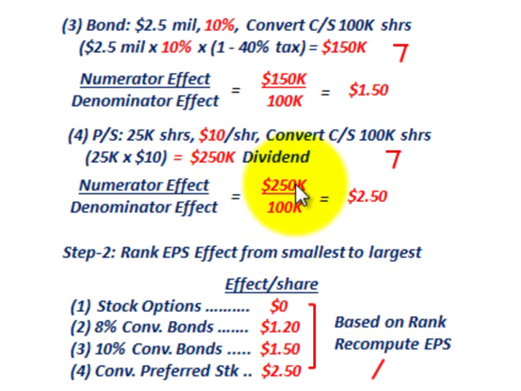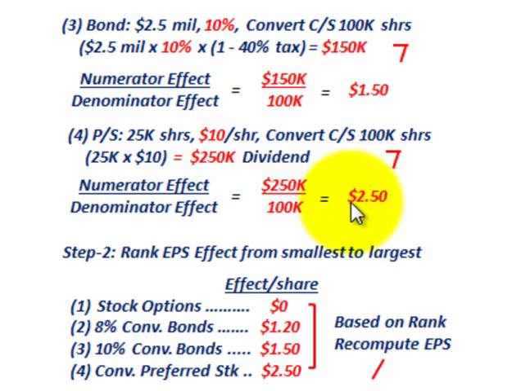As of the beginning of the year, we would have avoided that dividend of $250,000. So that's our numerator effect, that would be added back to our net income. And for the denominator, again that was converted into 100,000 shares of common stock. So here's our earnings per share effect, $2.50 per share.